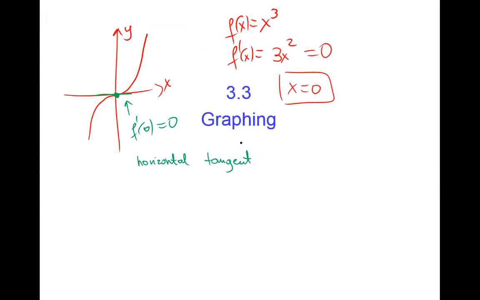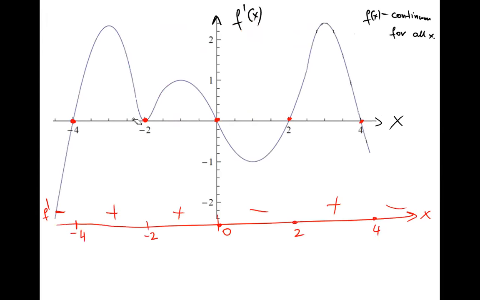Because talking about increasing, decreasing, we never use closed intervals. We always use the open interval. That means we can't really say it's increasing at 0. At 0 the derivative is 0 in this case. That means at -2 it's 0.